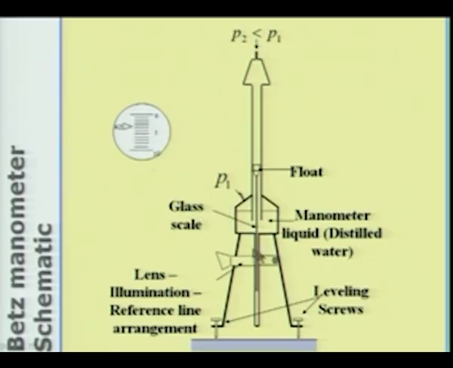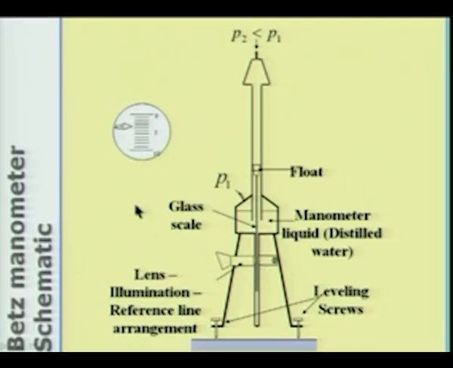The height of the meniscus is measured by a floating scale, which goes up and down with the float, with marks corresponding to the main scale division and the vernier, which is projected by the optical arrangement.